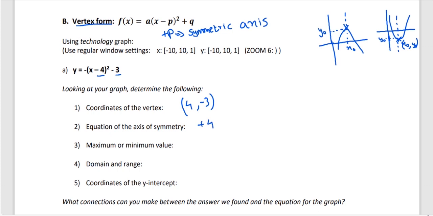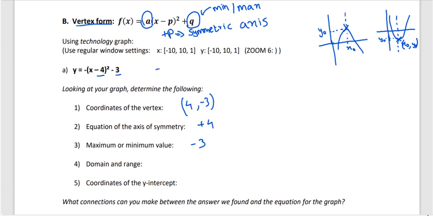Okay, next is the minimum or maximum value. It can be minimum or maximum. This point is the minimum or maximum value for this given equation, that is -3. If they are asking whether this is a minimum or maximum value, we need to consider the sign of this a.